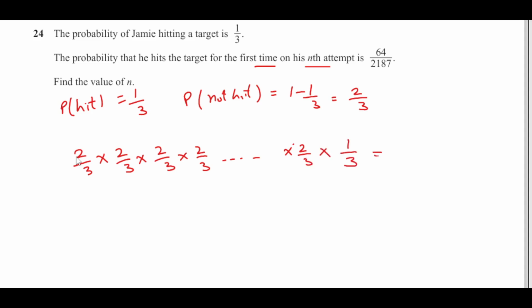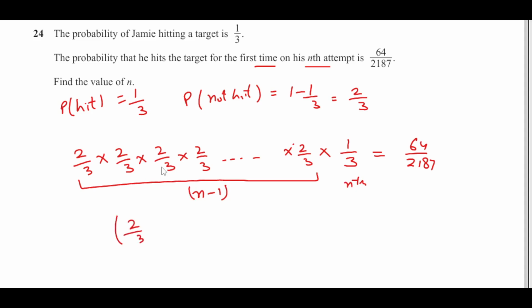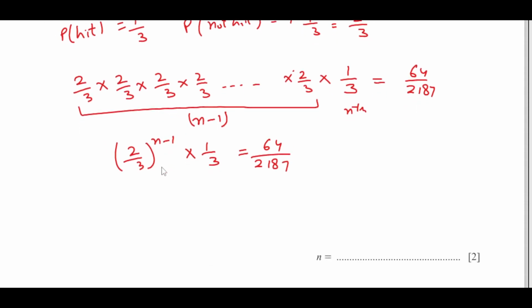And this probability is 64/2187, which we are given. So this is n minus 1 terms, and this is the nth term. So this 2/3 is coming n minus 1 times, times 1/3, and this is equal to 64/2187.